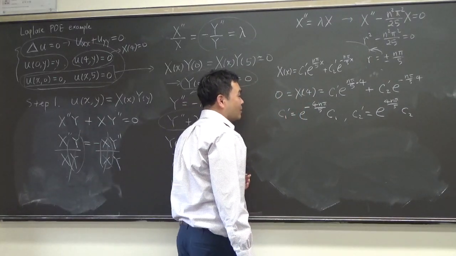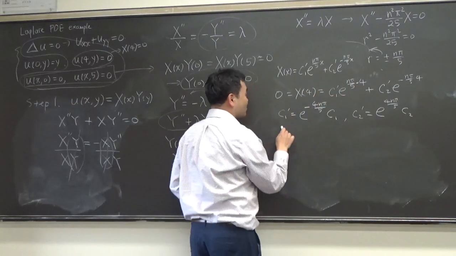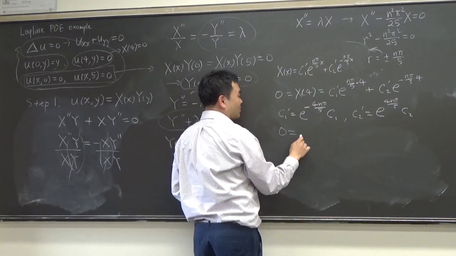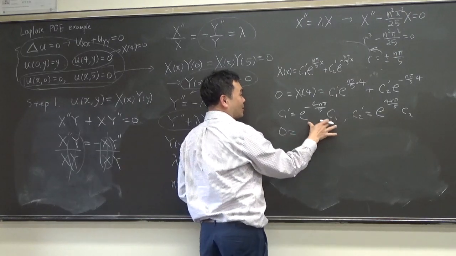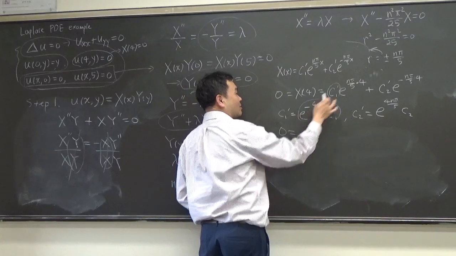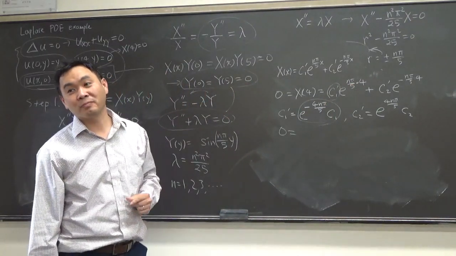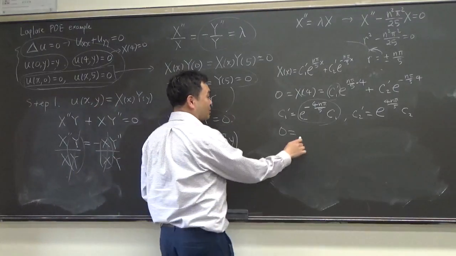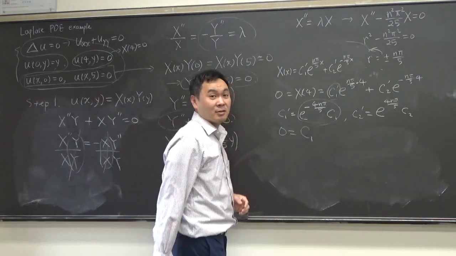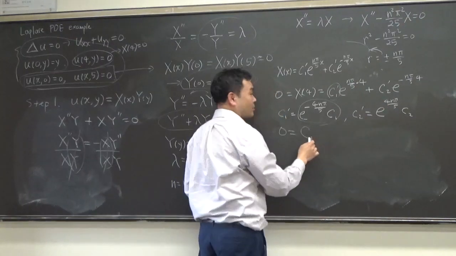Then the nice thing about this is if you plug that in, you get 0 equals to, what do you get? If you replace this by this, what do you get? This and this will multiply to what? 1. So you get what? It's just C1, right? Is that good? All right. And then what would you get here?